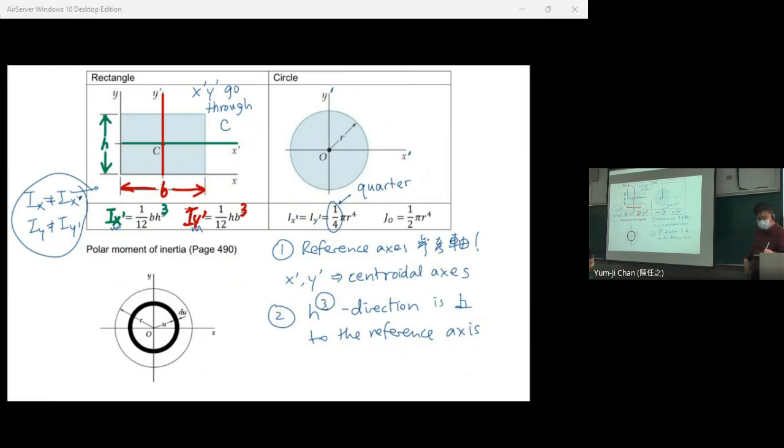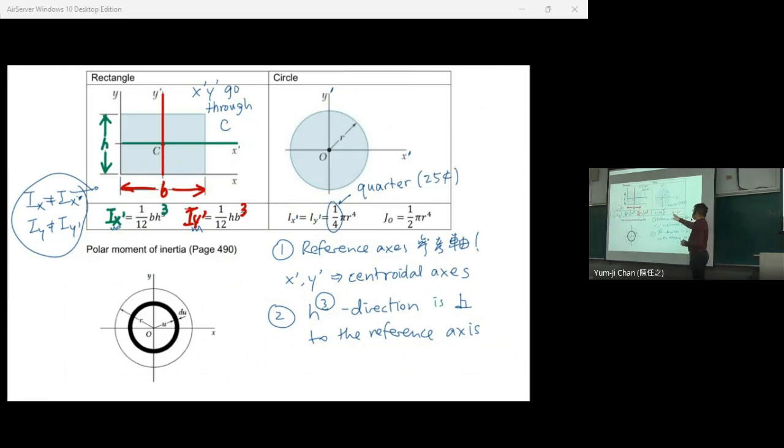Of course, in the United States, a quarter also means 25 cents. You can see all these values of I have the units of length to the power 4.